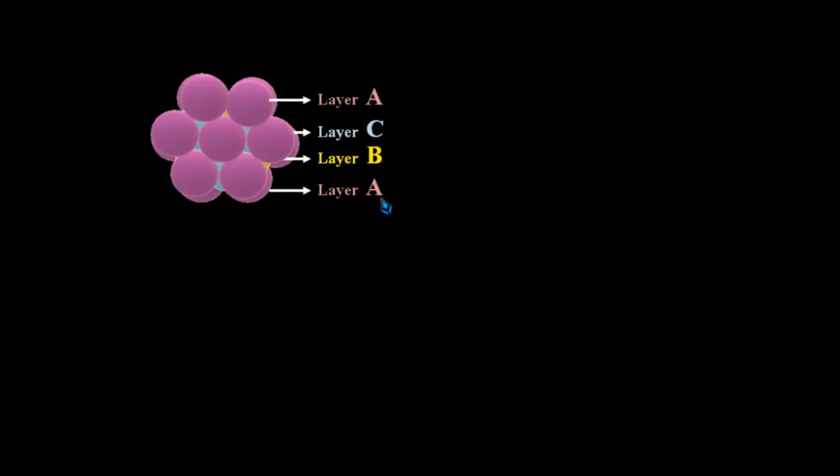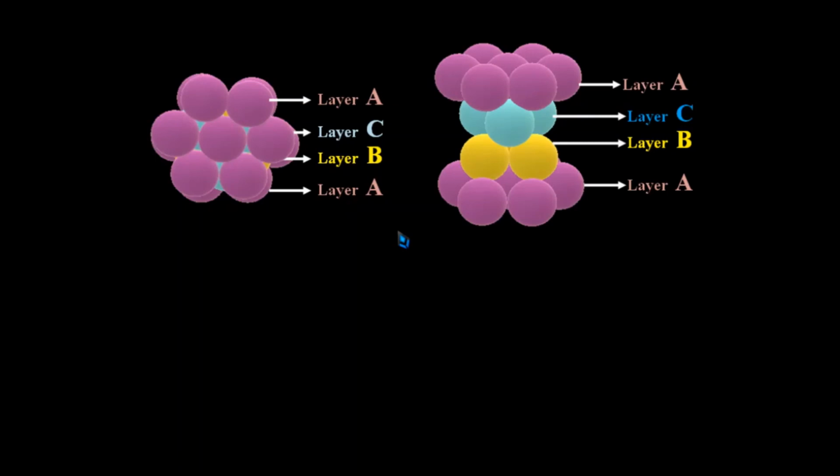So again the fourth layer and the first layer become identical in arrangement, above which we placed again 3 balls, and this structure is seen like this: layer A, layer B, layer C, and layer A. That means the first layer, the base layer, and the fourth layer become identical.